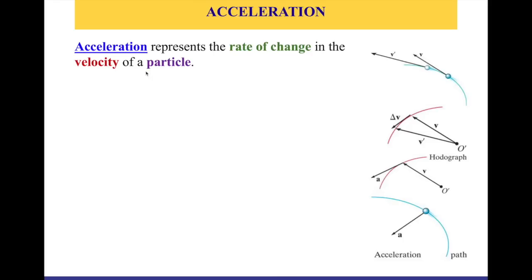Now, if we want to look at the acceleration, that's another important quantity to identify in kinematics. However, we're going to introduce a new term in looking at the acceleration of a particle moving on a path. Quick reminder: acceleration represents the rate of change in the velocity of a particle.